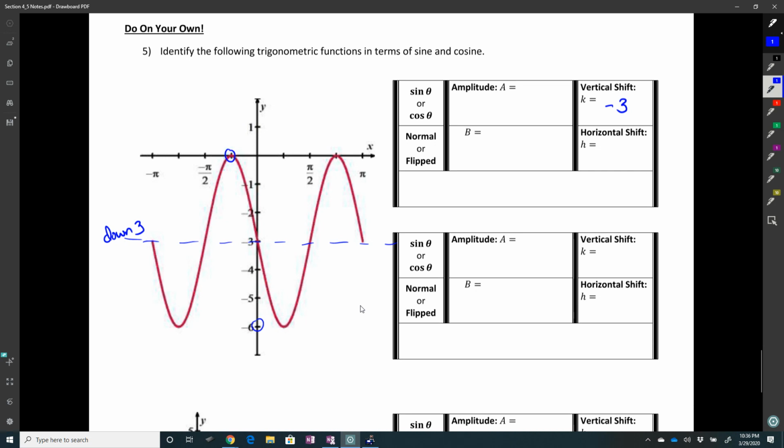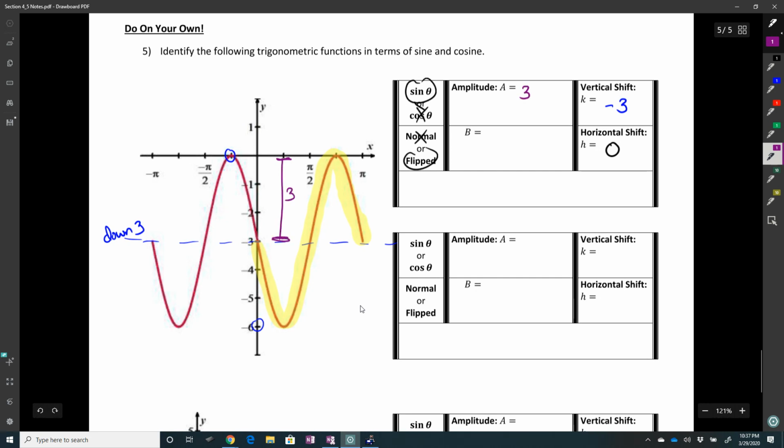Now, if we're doing a sine wave, starting at 0 is helpful because if you start at 0, there's no horizontal shift. You don't have to worry about that. This is an upside down sine wave, though. The amplitude is from there to there, which you can see is just 3.